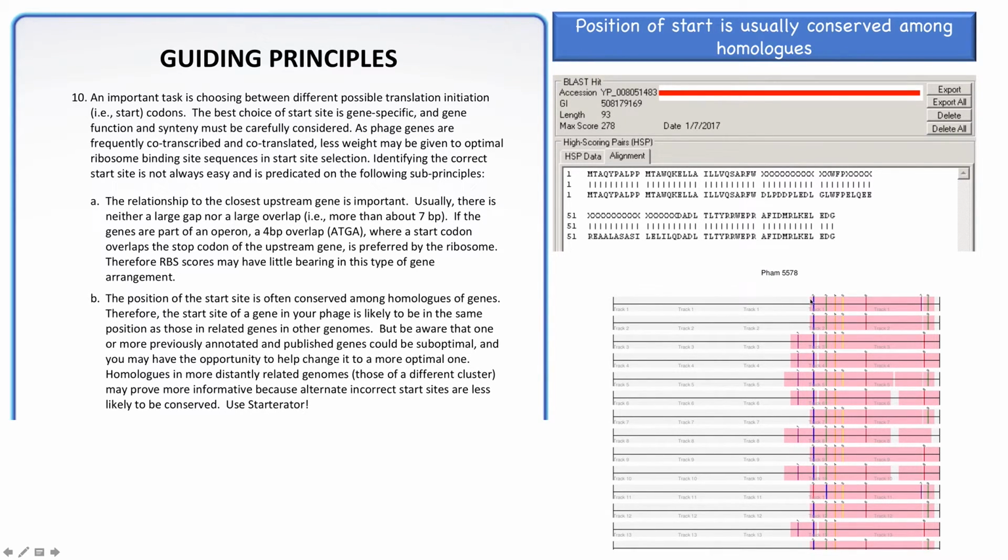The blue line that's extra thick shows the start that was chosen for that particular homolog. You can see that the second start is most frequently chosen. There's this one where somebody chose a start further downstream. This can also indicate that not only is the start conserved in all the homologs, it's present in all the homologs, and it's the same start that everyone else chose.